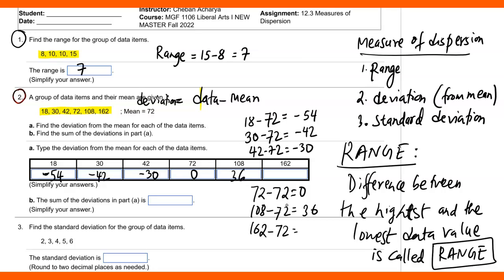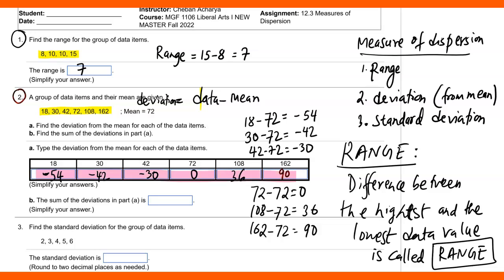That gives you 90. Therefore, the deviation from the mean for 162 is 90. That's the first part of the question: find the deviation from the mean for each of the data items. We found the deviation for each of the data items.